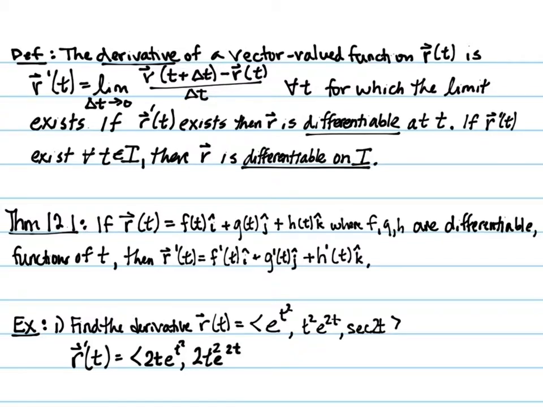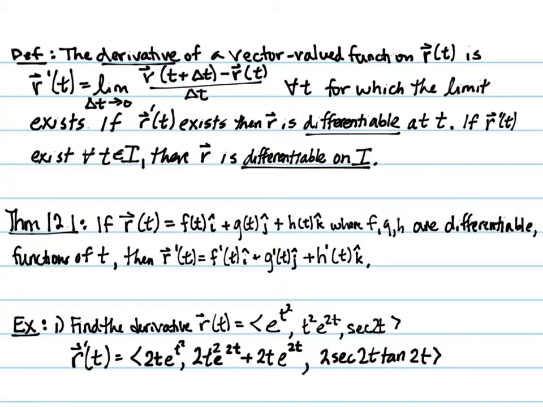Plus the derivative of the first piece, which would be 2t, times the second. And then the derivative of secant 2t: the derivative of secant t would normally be secant tangent, so the derivative of secant 2t would be 2 secant 2t tangent 2t.